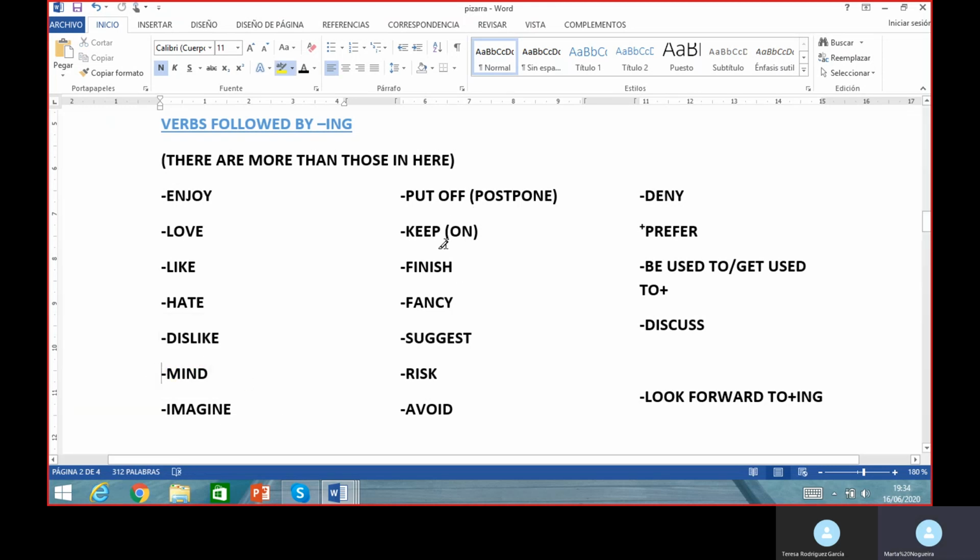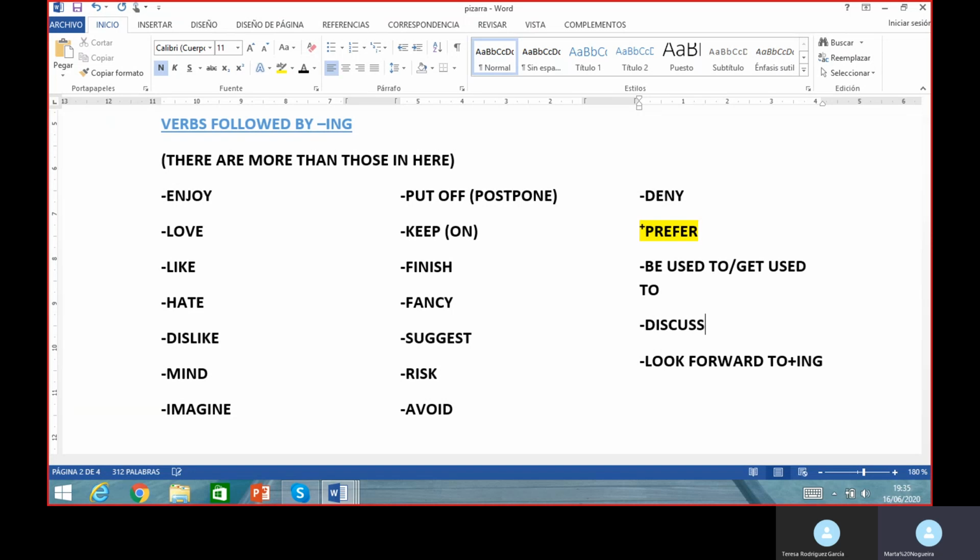Imagine, put off, keep on, finish, fancy, suggest, risk, arriesgarse, avoid, evitar, deny, negar, prefer. Sometimes prefer is followed by ing, discuss, be used to and get used to, and we have this in some expressions, okay, and in some phrasal verbs.